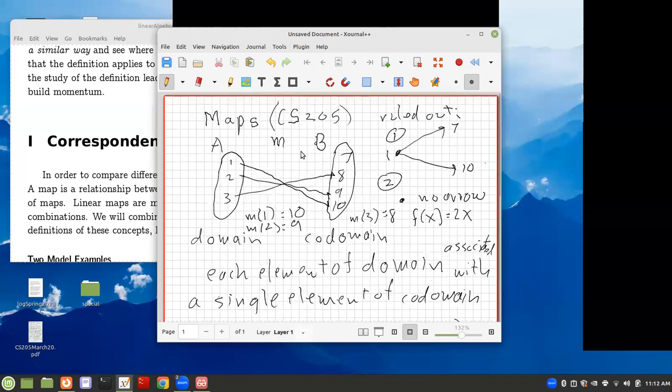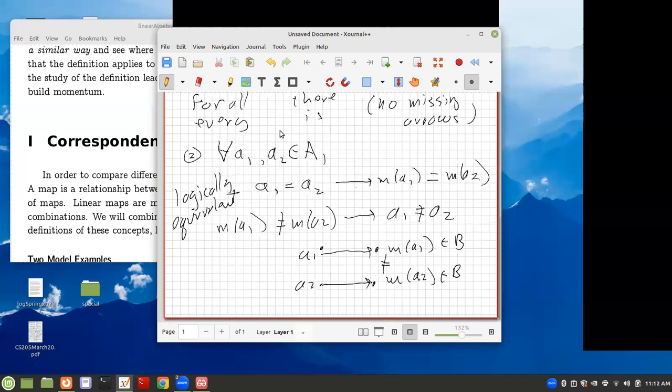So here we have the first. If these two properties hold, you have a well-defined map.